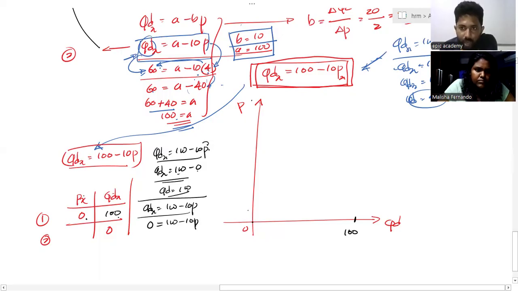It becomes a plus value. 10p equals 100. The combination between 10 and p, it is multiplication. If you are going to change the direction of the 10, it becomes division. Okay. P equals 10.